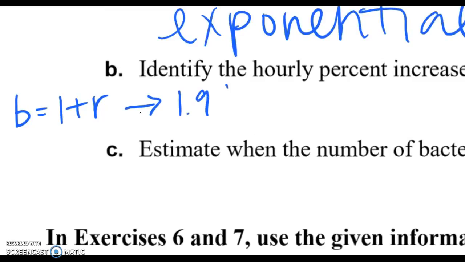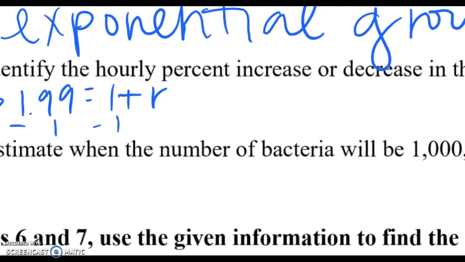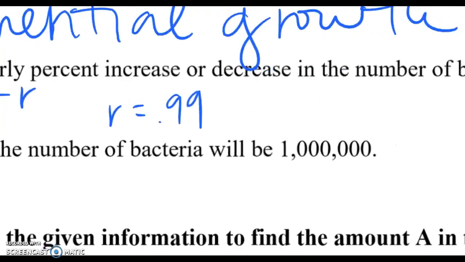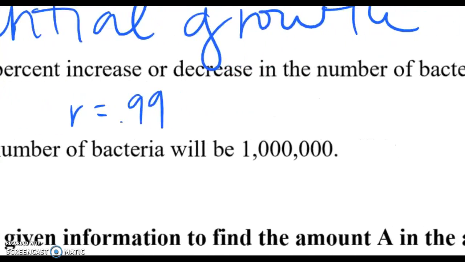So 1.99 is equal to 1 plus r. In order to solve for r, remember we subtract 1 on both sides. So here r is going to be equal to 0.99. If we want to change that into a percentage, we just multiply by 100. So that will just move the decimal two places. So 0.99 is equal to 99%.